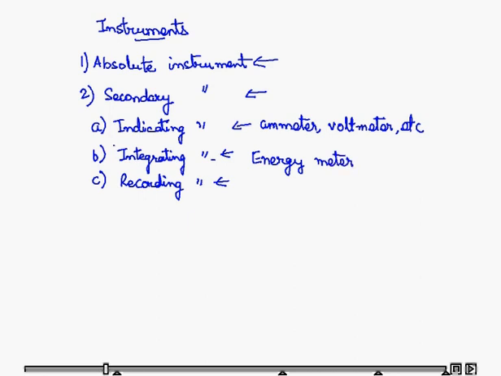And examples of recording instruments are meters with ink and pen. This type of instrument is generally found in powerhouses where current, voltage and power are to be maintained within certain specific values.